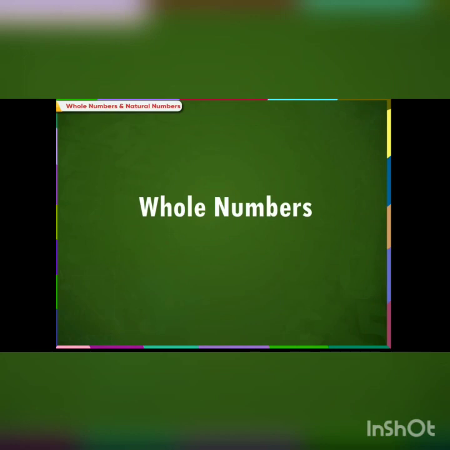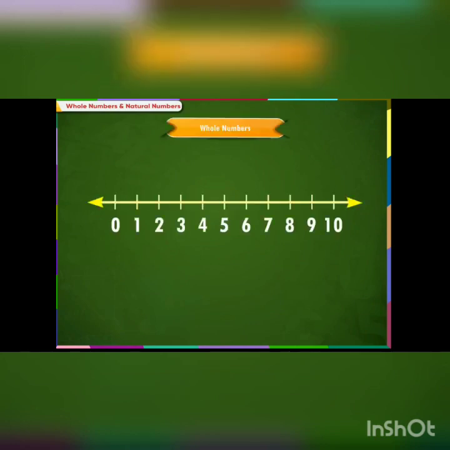Now, let us study whole numbers. This is a number line showing numbers from 0 to 10. 0 is not a counting number, whereas the numbers 1, 2, 3, 4, 5, 6 and so on are counting numbers or natural numbers.